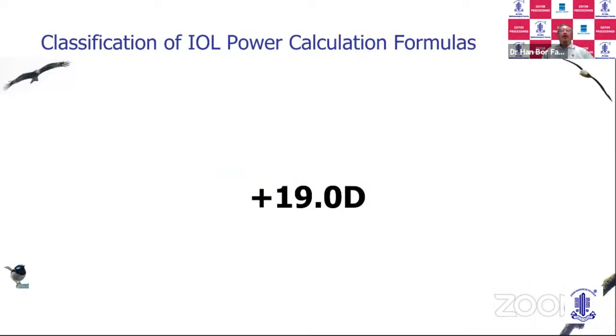If you look at all these, the evolution of formulas, this is the most important slide. This is quite similar to the one published in the editorial by Doug Cook. In the past we used 19 diopters, and we had a lot of refractive surprises.